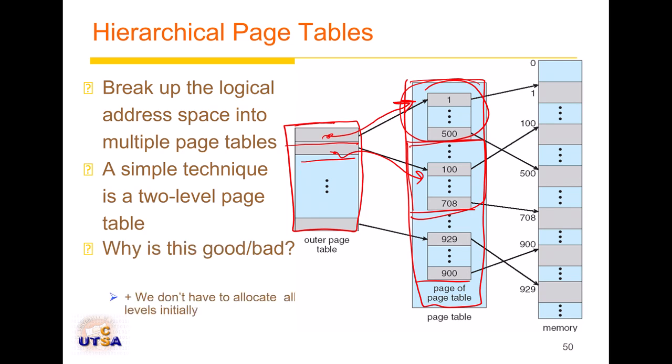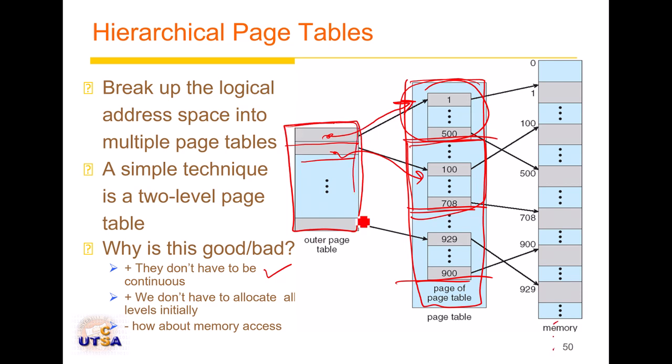First of all, this is good because we don't have to allocate that whole table contiguously. Now we can break it into pages, and each part of the page table can be stored at different places in the physical memory, and the outer, a little bit smaller page table, which needs to be contiguous by the way, can point to these parts of the page table.